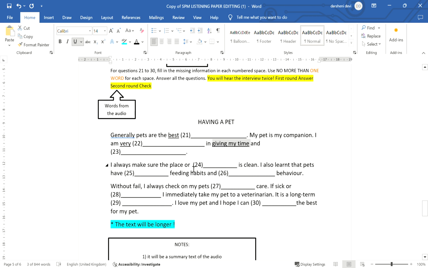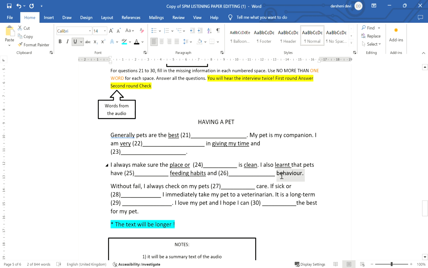Then here it's talking about place. It's talking about cleanliness. So these are all the before and after words to fill up the blank. Learned that pets have, so this is something talking about learned, that pets have feeding habits. So learn something, and also about feeding habits. When you hear these underlined words in the audio, you can find the right missing word.